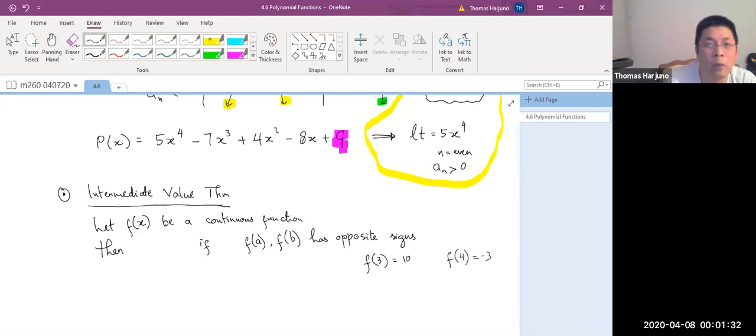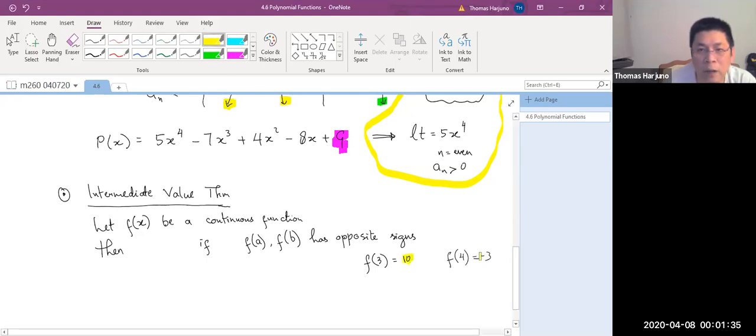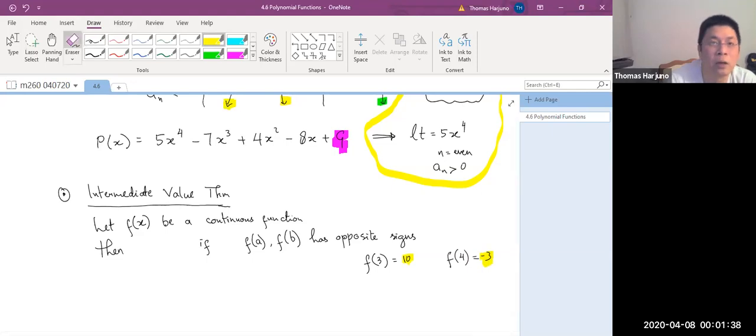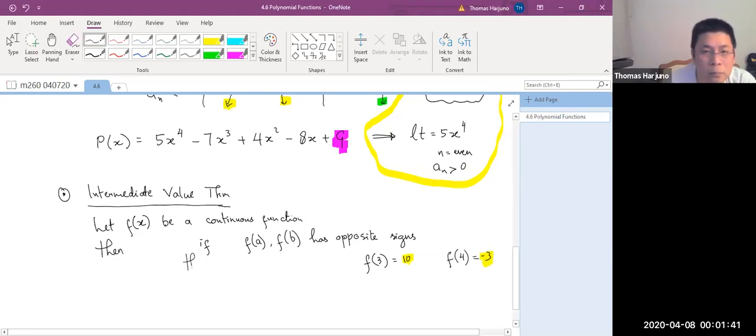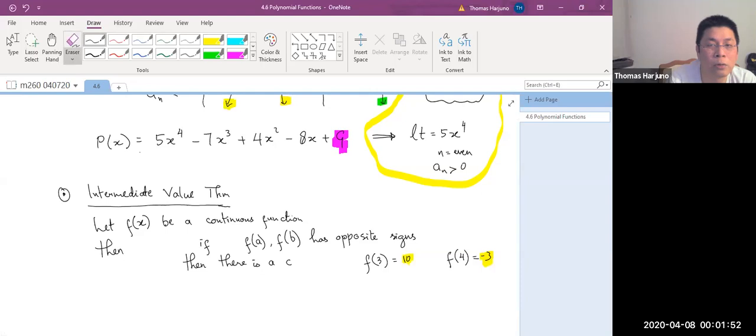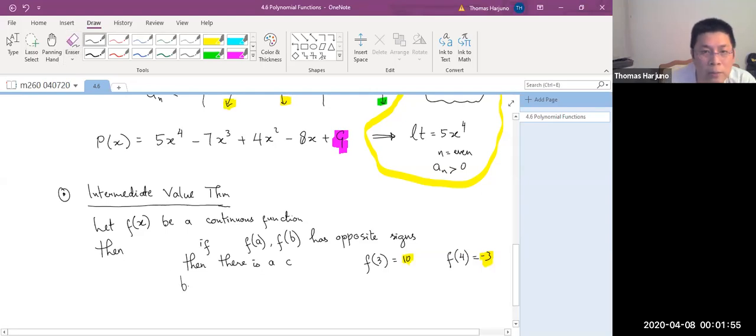When I say opposite signs, it refers to positive and negative. Then there is a c between x equals a and x equals b such that f(c) equals 0.